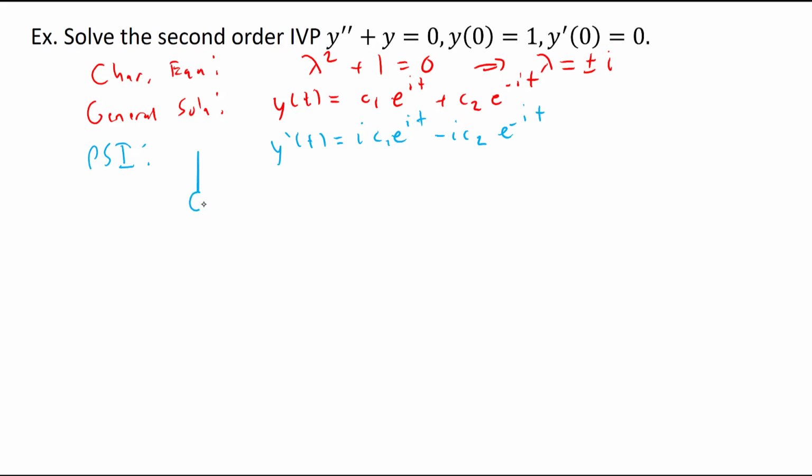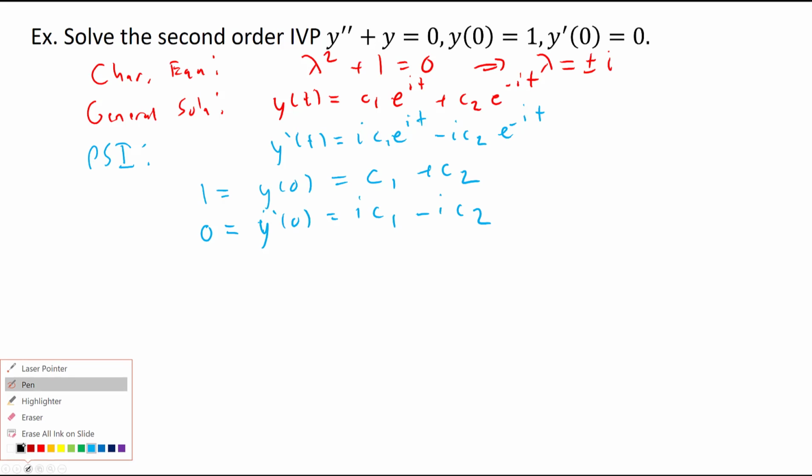And so our first condition, initial position, implies that 1 is y of 0, which is just c1 plus c2 because e to the 0 is 1. And our second condition is that 0 is equal to y prime of 0, which is i c1 minus i c2. To solve this system of equations for c1 and c2, it's pretty much what we've been doing, except now we have imaginary coefficients.